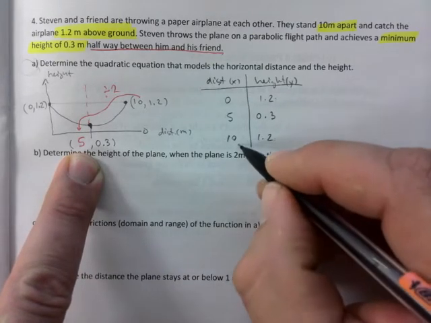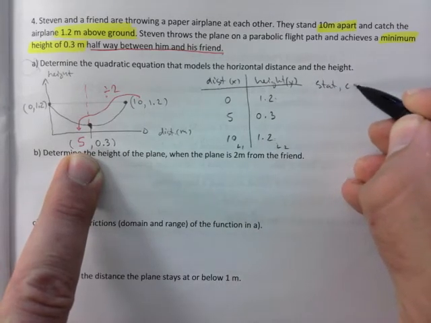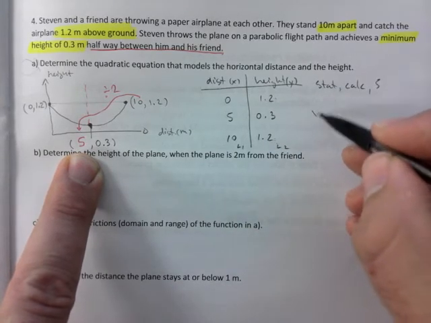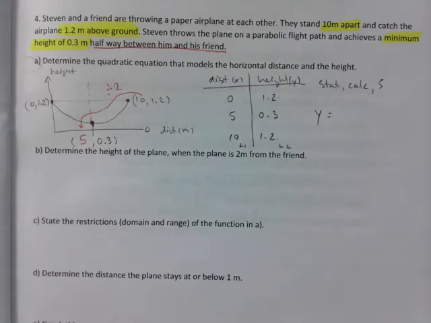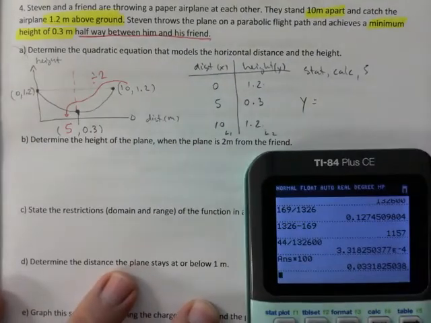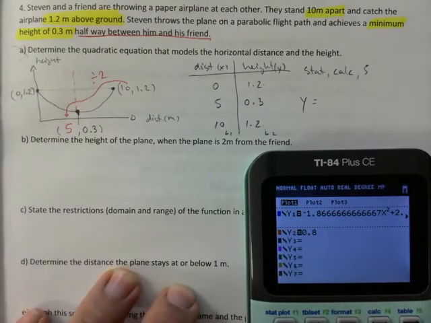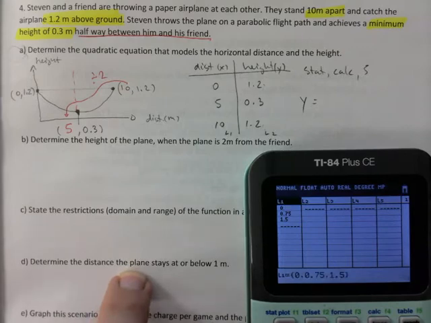Perfect. So you put this into L1, you put this into L2, stat, calc, 5, and then perform your regression. And I think I will walk you through this one just to make sure you don't have any excuses after that. It's like, Mr. Richard, you only did one example. It's like, I actually did more than that. Right?